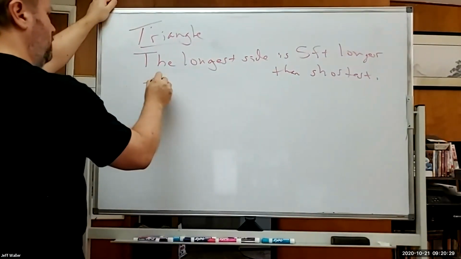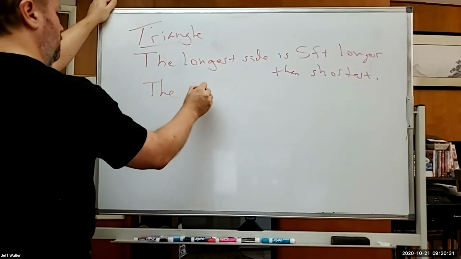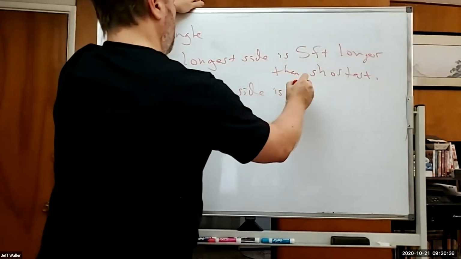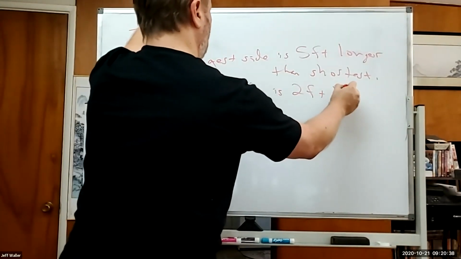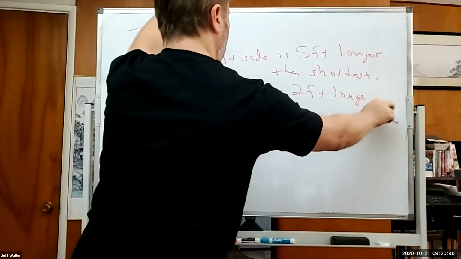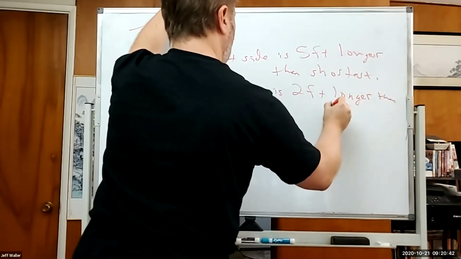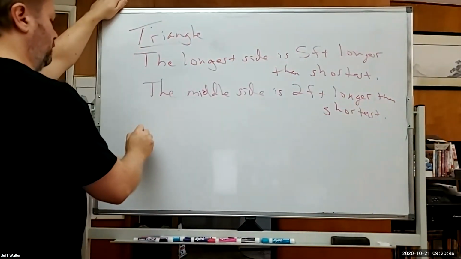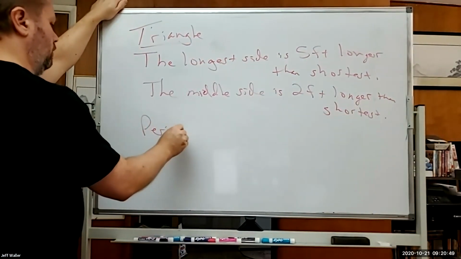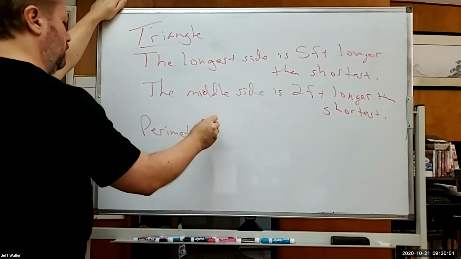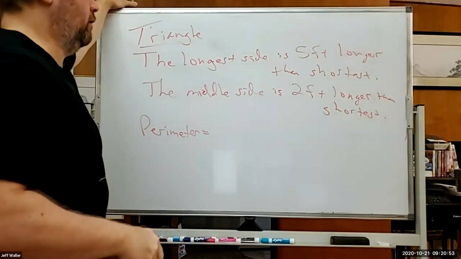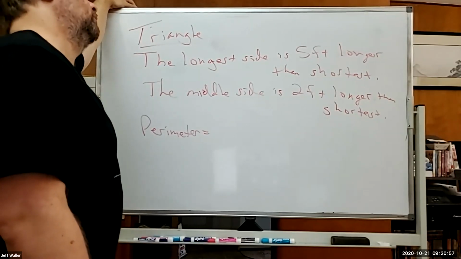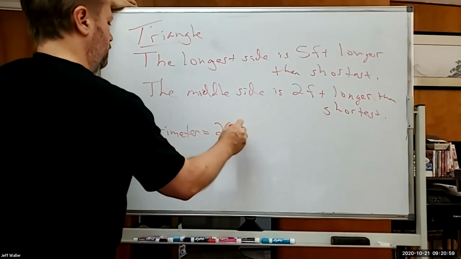And I know that the middle side is 2 feet longer than the shortest. And I know that the perimeter is, oh, I should probably make something that works. Let me see. Give me a second. 28. It's 28 feet.